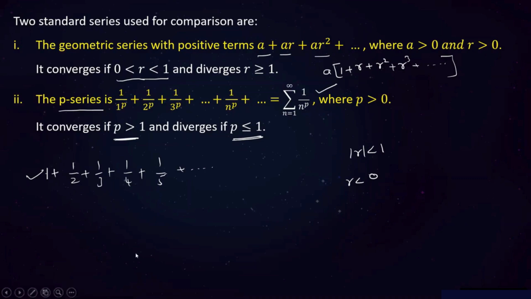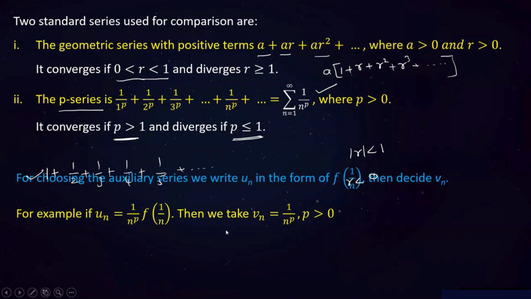Now let me move on to what exactly we do mathematically while performing comparison tests. Understand, you are given one series, let us say summation un, for which you are trying to find out the convergence, maybe convergent or divergent, whatever it may be.